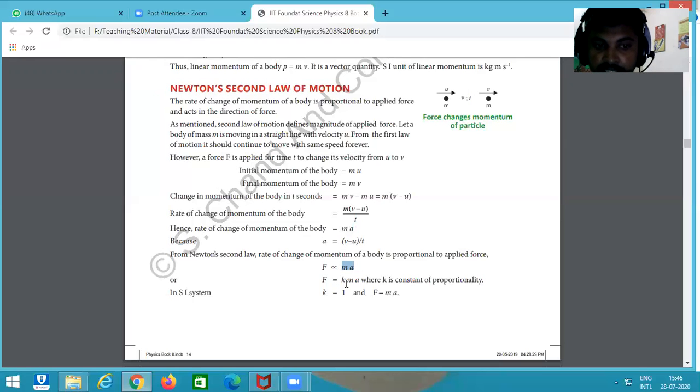We take k as a constant of proportionality, so F is equal to kma, where k is a constant of proportionality. In the SI system, k is equal to 1. So F is equal to ma.